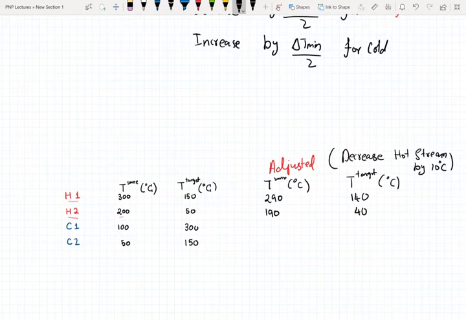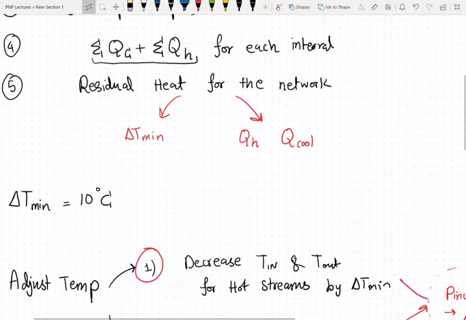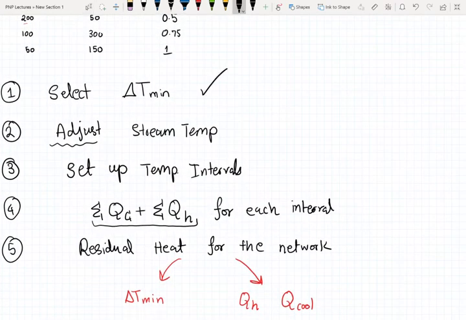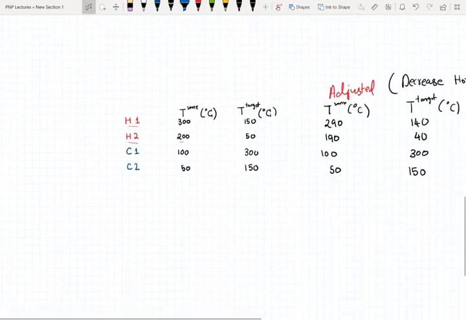Keep in mind you have to adjust both the inlet and outlet, both the source and target temperature. Now for the cold streams, we're going to leave them as they are. Okay, so we've knocked out step 1 and step 2. So now we're going to set up our temperature intervals.